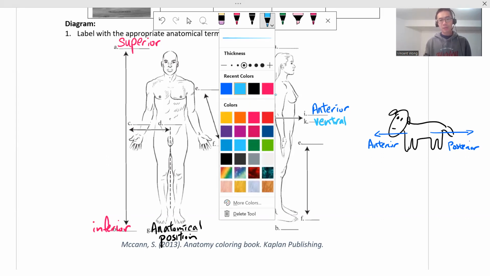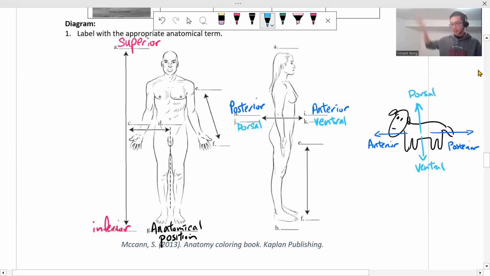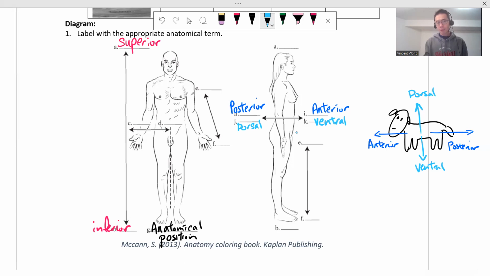But now ventral is down, and dorsal is up. So it depends on the position of the organism. That's the anatomical position of a dog, which is different than humans. But we also use ventral and dorsal when we talk about things like the spinal cord.